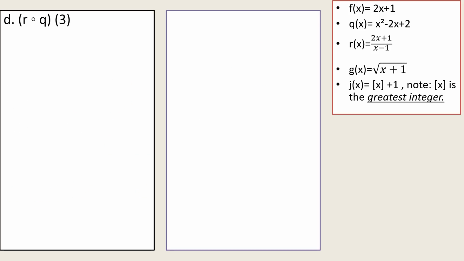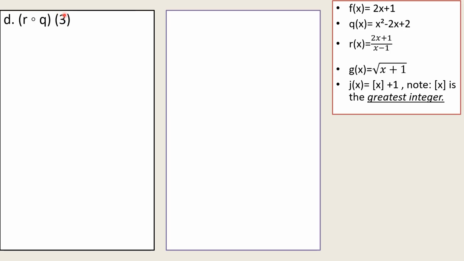Okay, dito sa ating fourth example pala. So, we have here item D, which is the composition of R and Q of 3. Okay? So, yung previous examples natin from A to C, wala silang value ng X dito. Kasi, usually, composition yan ng dalawa, tapos X lang yung dito.